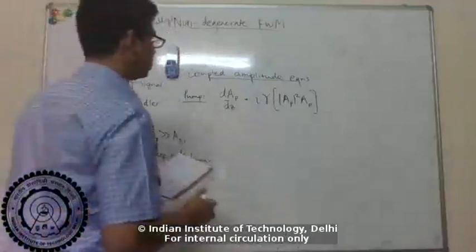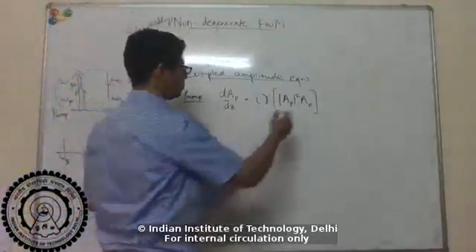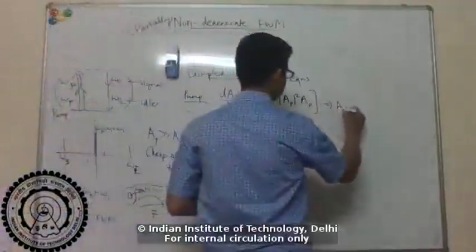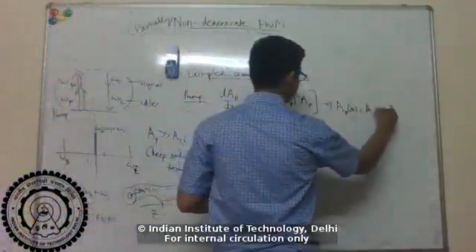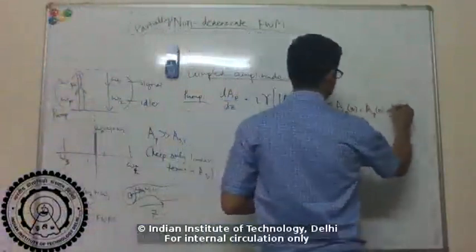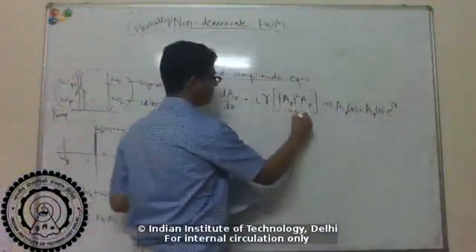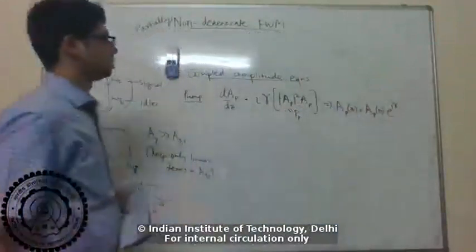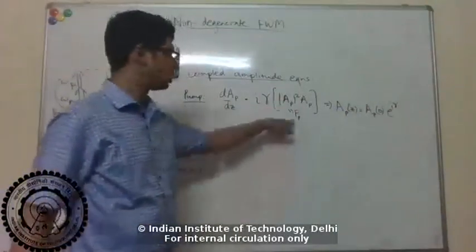Okay, and so the solution for the pump is straightforward. The pump amplitude just acquires a phase, right? And this mod of AP square is basically the pump power, because they've normalized A such that mod A square is the power.